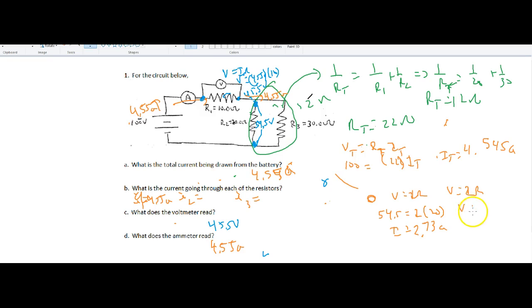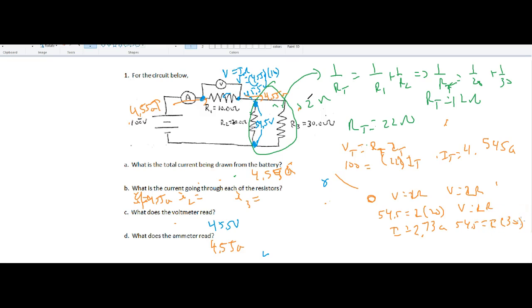Now I'm going to try the other one. V equals IR. My voltage is 54.5. Again, I'm using the full voltage because an electron, whether it goes this way or this way, has to use up all its voltage before it gets down to here, because the rest of it's just straight back to the battery. All right? And so I don't know the current, but the resistance is 30, right?